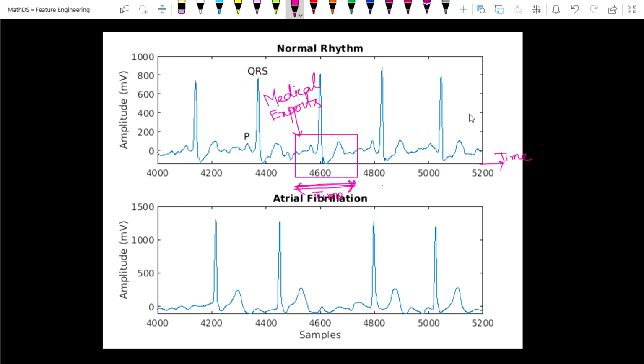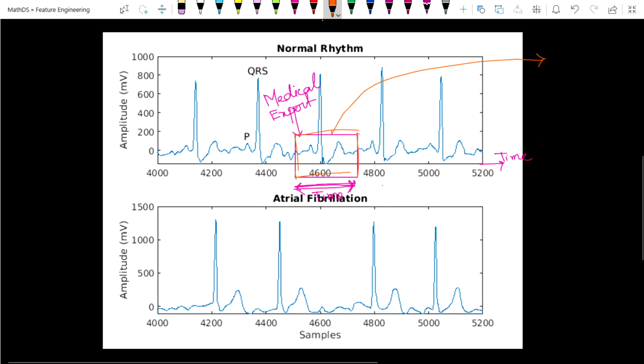Now the second thing we have to consider is based on this windows width. We have to select some features on the basis of this windows width.